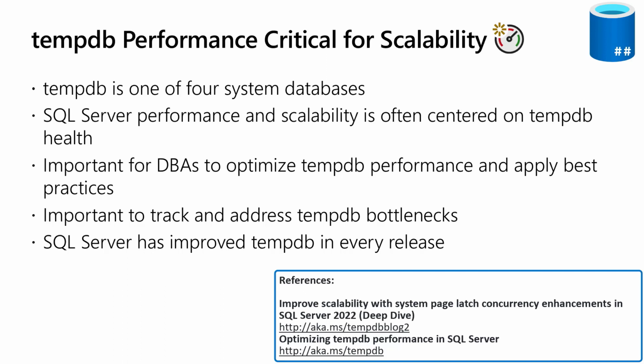But even with the best practices being applied, we strongly recommend monitoring TempDB using the sys.dm_os_waiting_tasks DMV in older versions of SQL Server, and then starting with SQL Server 2019 using the function sys.fn_PageResCracker, which gives us additional details that are helpful for troubleshooting.